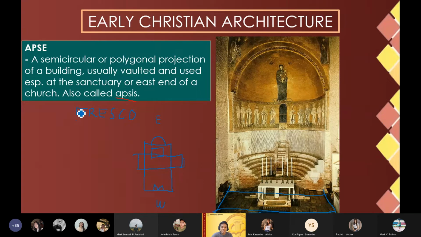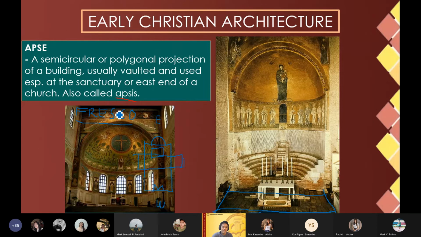Mostly in the apse, that's the part where they decorate and portray the saints. I think this is the Sagrada Familia. So they painted it, and the way they paint it is fresco.